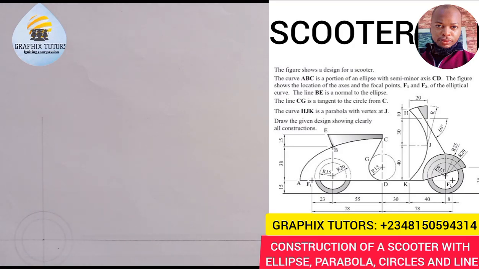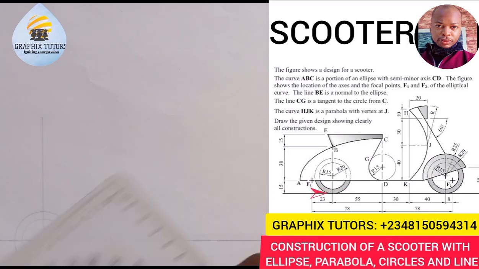Now, after that, if you look closely on your diagram, we are told that to get this level here, I'll measure the height of 15 from the base of the scooter, the wheel of the scooter here. So I'll measure height of 15.